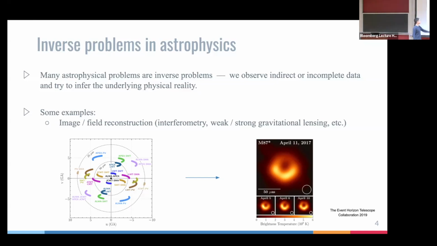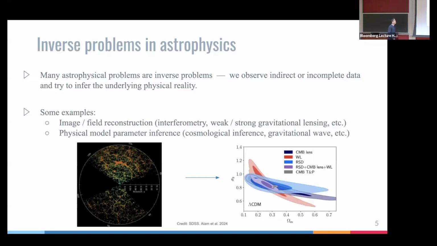Here is the observed data in the Fourier plane, and using this data we try to reconstruct the original image. Another broader family of examples is model parameter inference. Here is an example in cosmological inference. We observe the large-scale structure as traced by galaxies, and we try to infer the cosmological parameters from this 3D or 2D galaxy distribution.